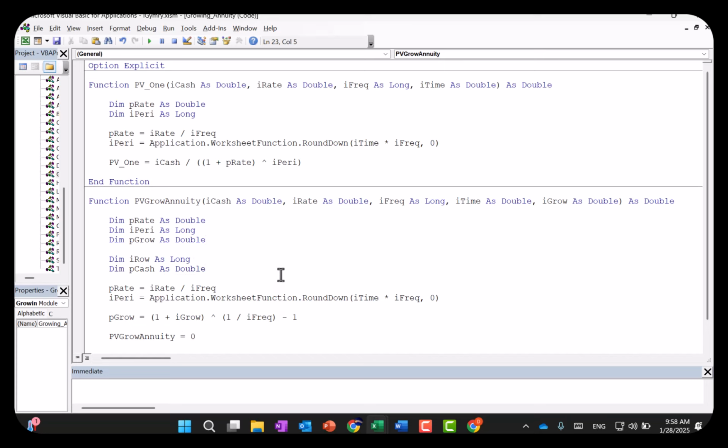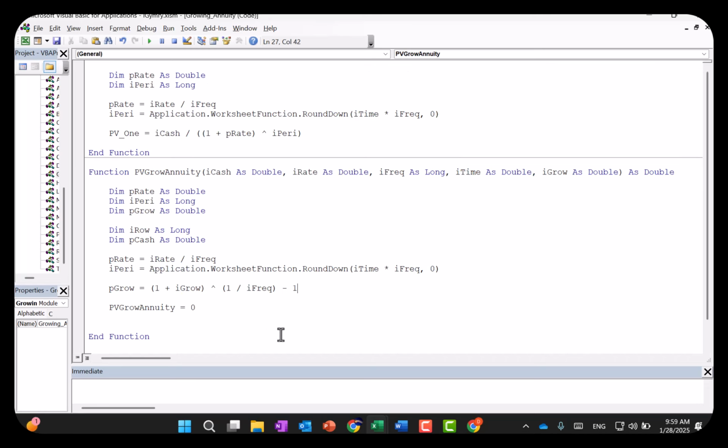In this routine, iCache is the first payment. Okay, so we need to figure out what subsequent payments are, and let's start pcache with iCache.